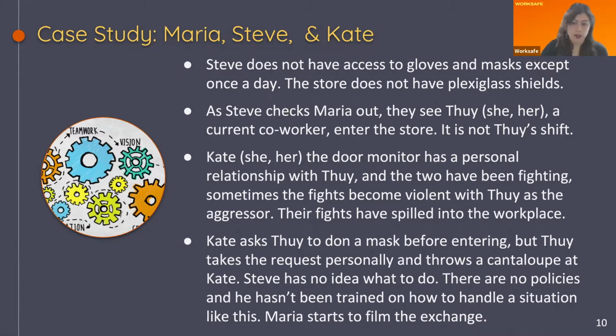Their fights have spilled into the workplace. Kate asks Twee to don a mask before entering, but Twee takes the request personally and throws a cantaloupe at Kate. Steve has no idea what to do. There are no policies, and he hasn't been trained on how to handle a situation like this. Maria starts to film the exchange. Next slide, please.